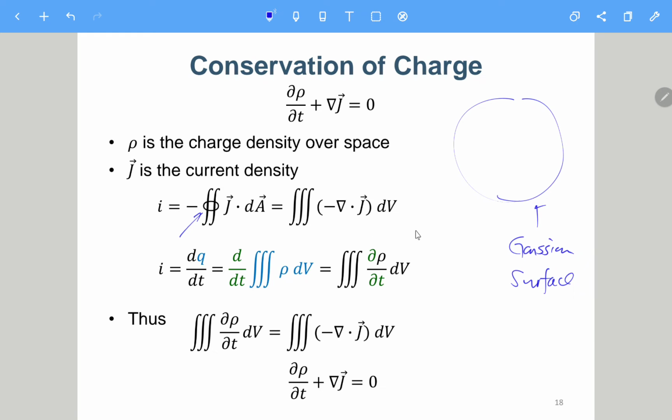It feels like if there is some current going out, which means that there are some electrons going into this region, which makes the charge density larger. So here we have a negative sign. And according to this, this is actually the divergence theorem.